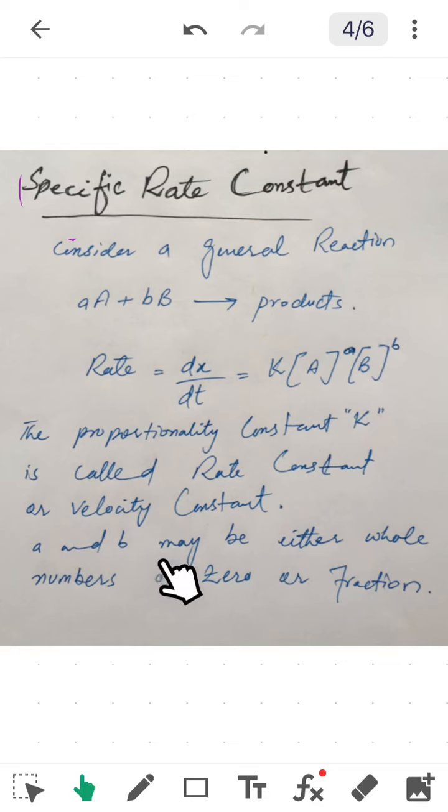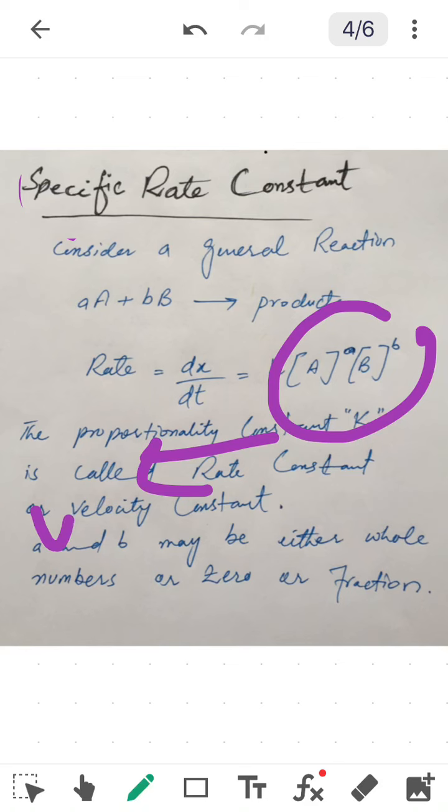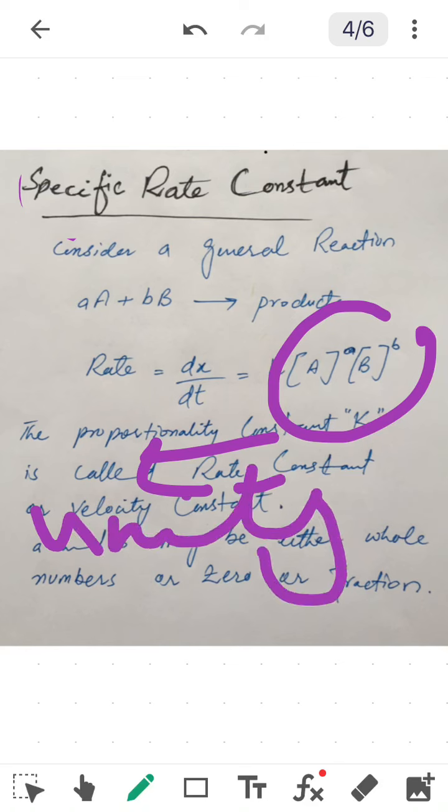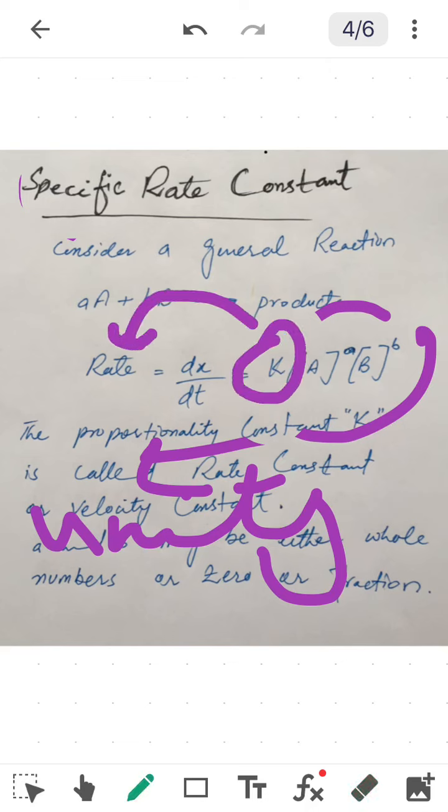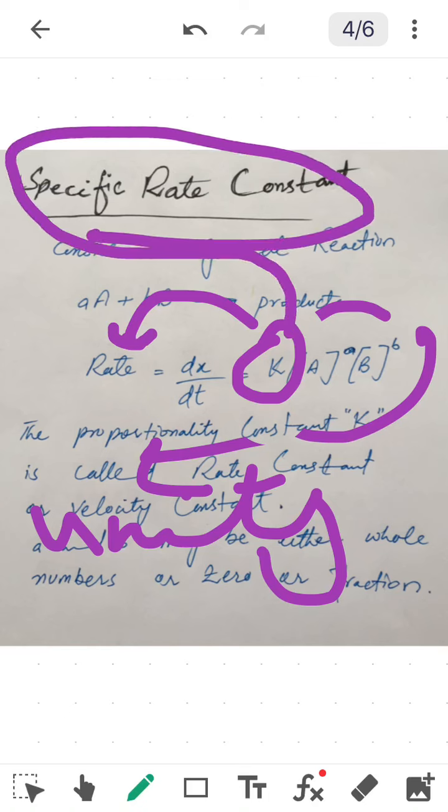Here small a and b may be either a whole number, zero, or a fraction. So if the concentration of reactants becomes unity, then the rate constant K becomes equal to the rate of the reaction, and this rate constant is called the specific rate constant.